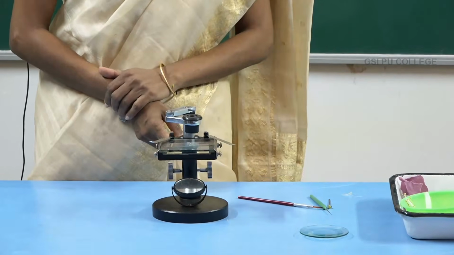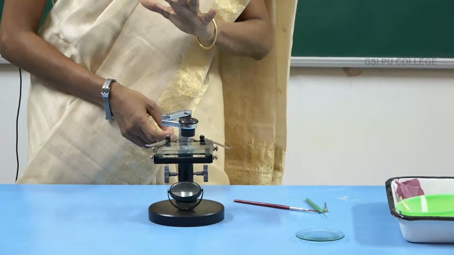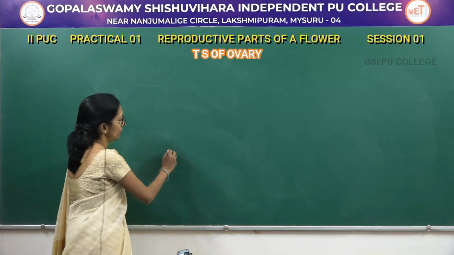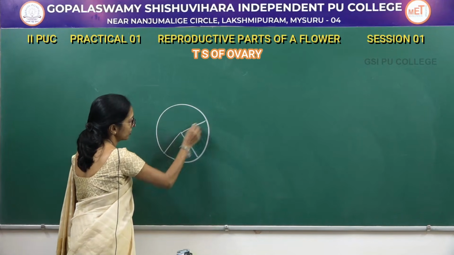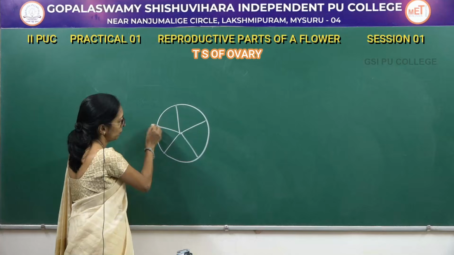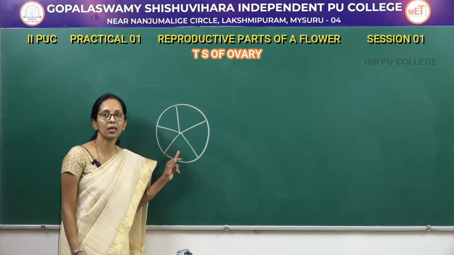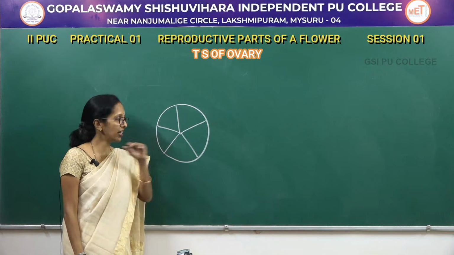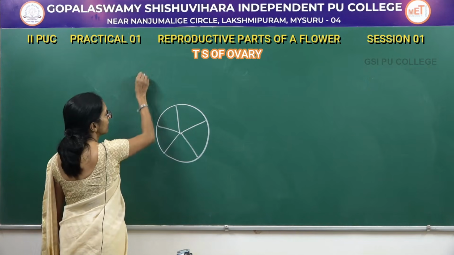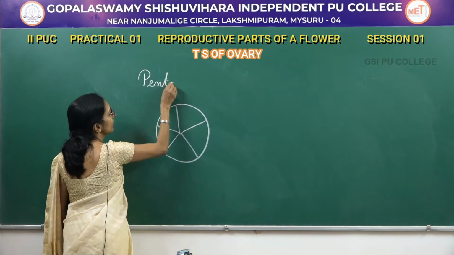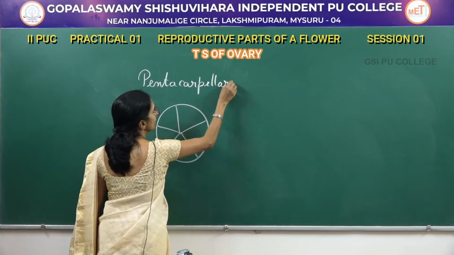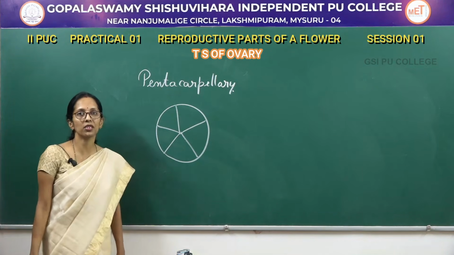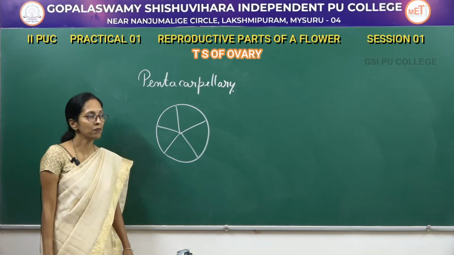Here you can see 5 chambers. So in the microscope you can see 5 chambers like this, which indicates the 5 carpels which are fused. So therefore you have to write pentacarpellary. 5 carpels which are fused, therefore it is pentacarpellary.